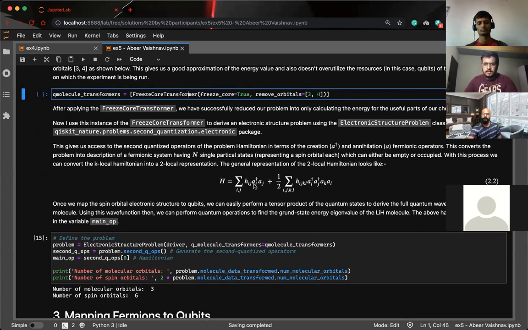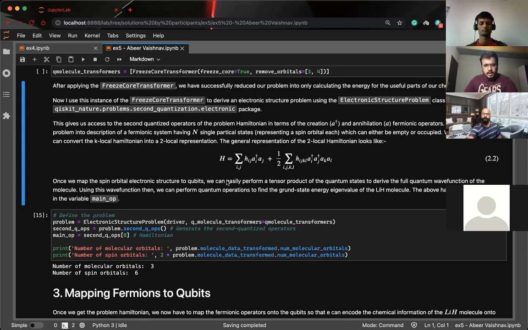The Hamiltonian is known as a two-local Hamiltonian, because only the electrons that are in the same orbital will interact. So at max there are only two particles interacting with each other at one instant of time. That's why we can define a two-local Hamiltonian for this particular problem.